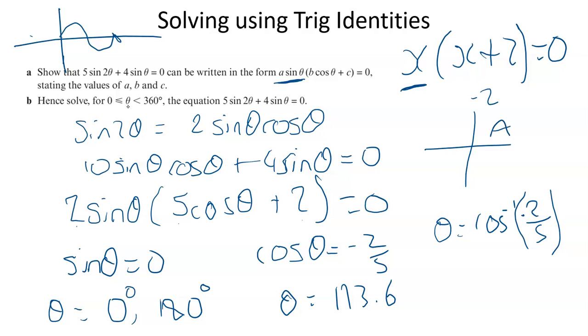So this is where we do our CAST diagram, or all students talk crap, as I remember it. If 113 is over here, it's in the negative cos. That makes sense, because it gave us a negative value. The other one that's negative cos is this bit here. So if that angle is 113.6, we need this angle here. We need to know what that difference is, and then add that onto 180.